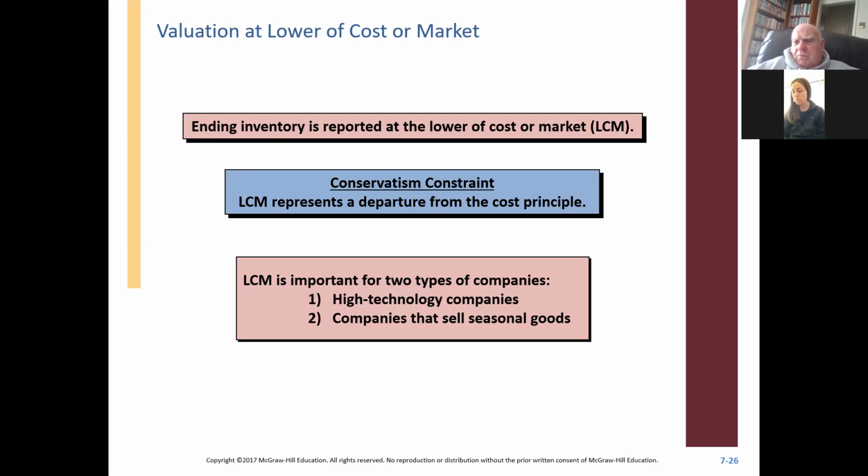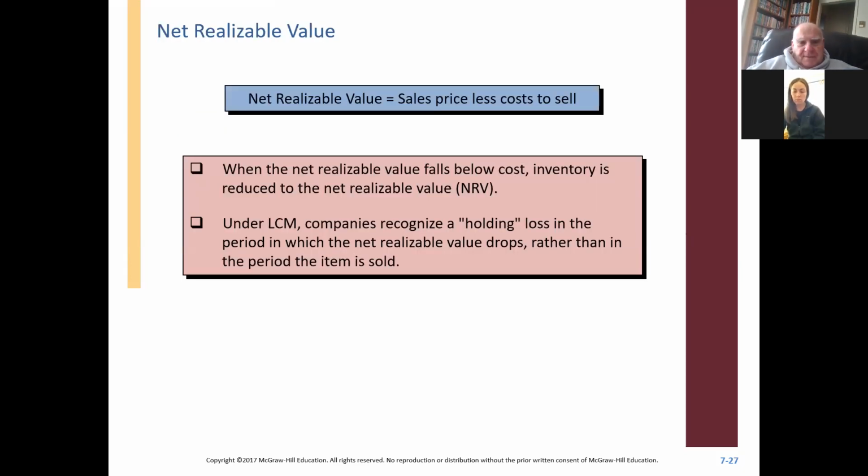No one's going to pay us $20. You have to recognize that loss of $5 immediately per shirt. That's all. The lower of cost or market is the value of your inventory at all times. So here we go. Net realizable value when it goes below cost.